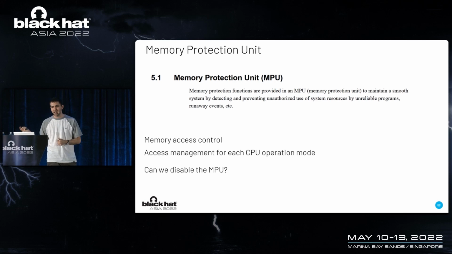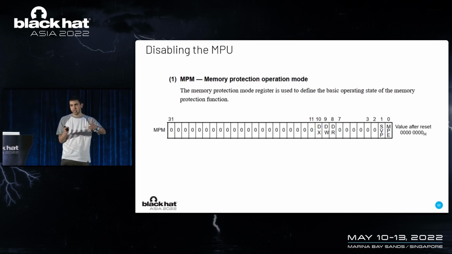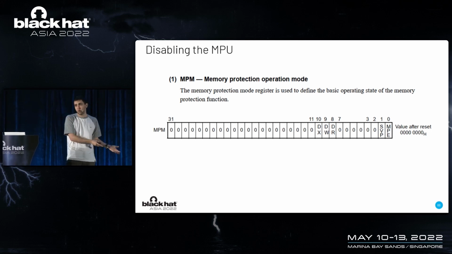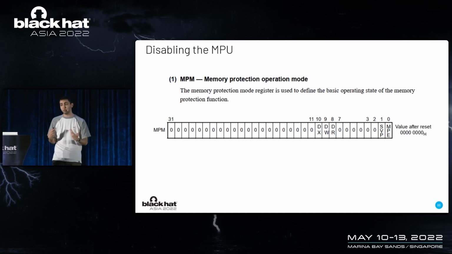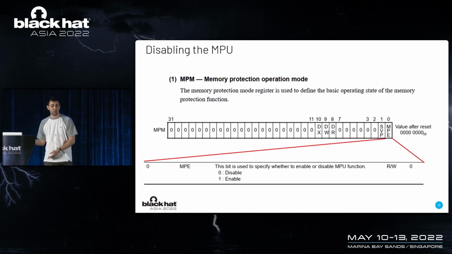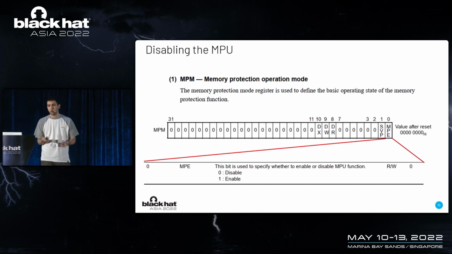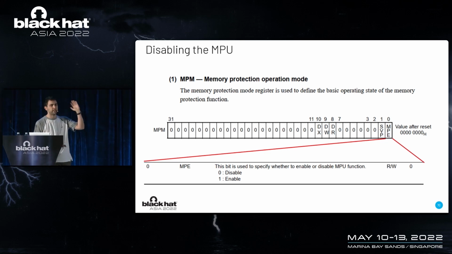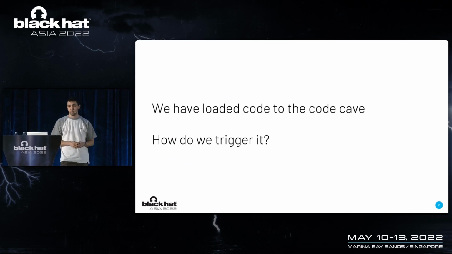So luckily, the settings of the MPU register are mapped to a virtual register, which is fortunate because we are able to write to it. So just writing 0 to this bit completely disables this feature altogether, and we're able to write wherever we want, which is other tasks' memory and every other memory address that we wish.